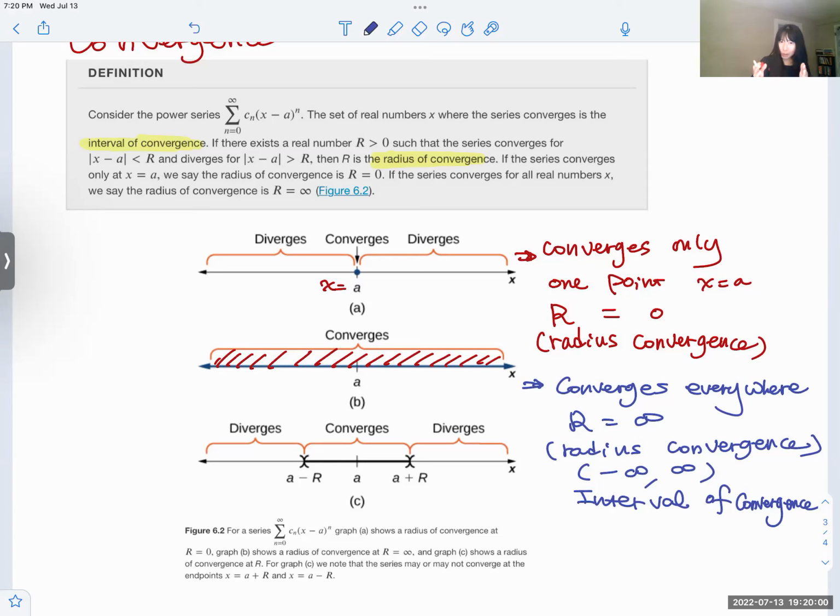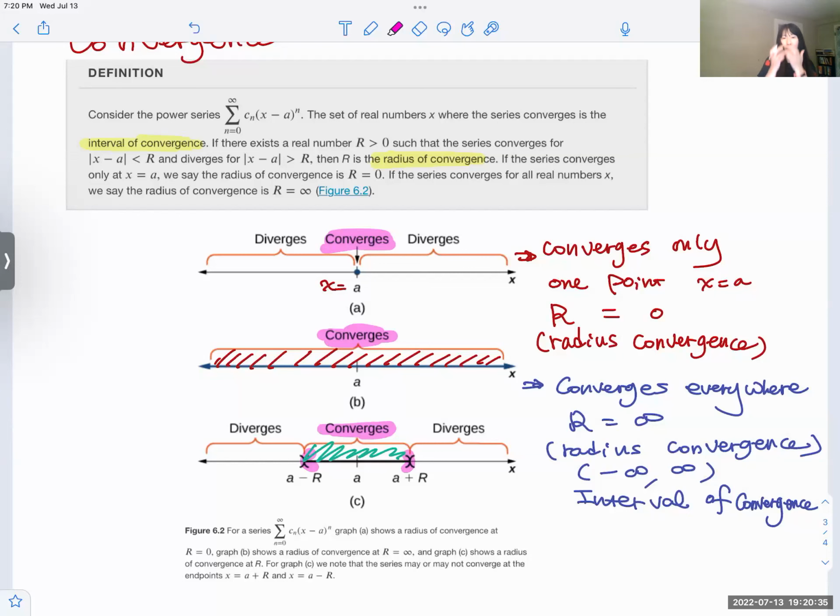Look, I'm looking at the third picture. It converges only in the middle part. So we have: converges at only one point, converges everywhere, and converges only on this interval. Can you see that part?